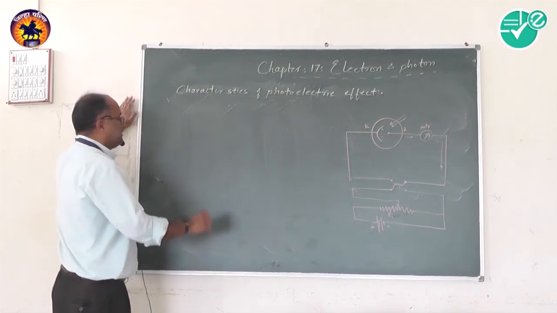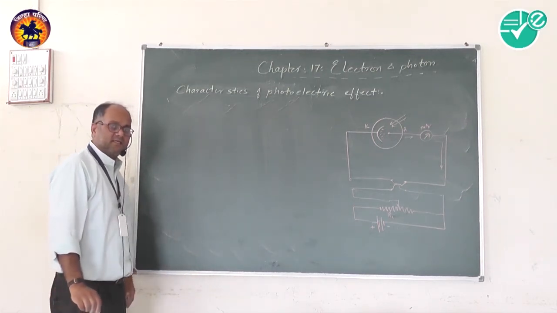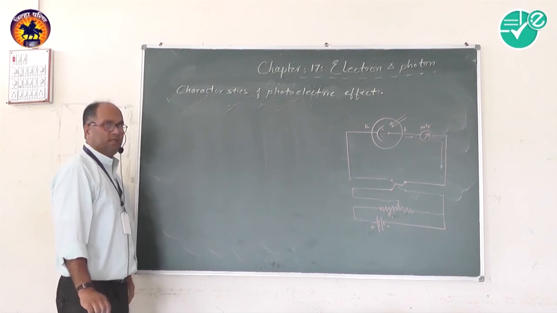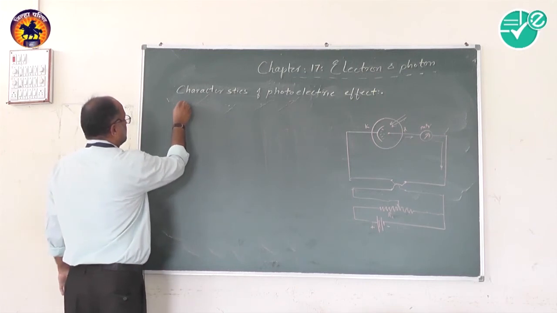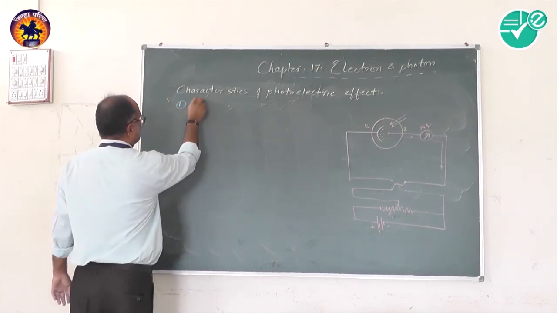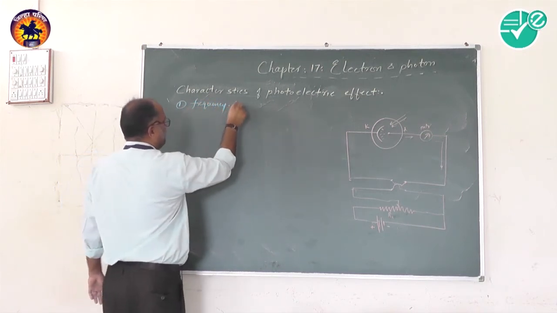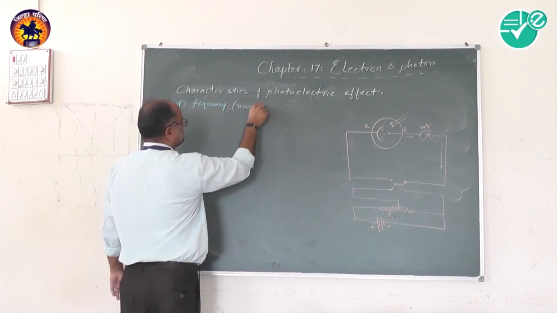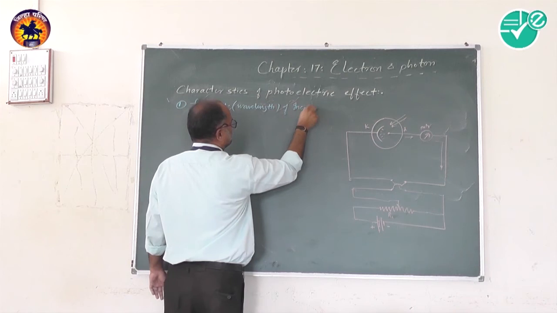Now here we have to study the parameters which affect the photoelectric current. First, we have to study the frequency or wavelength of incident radiations.